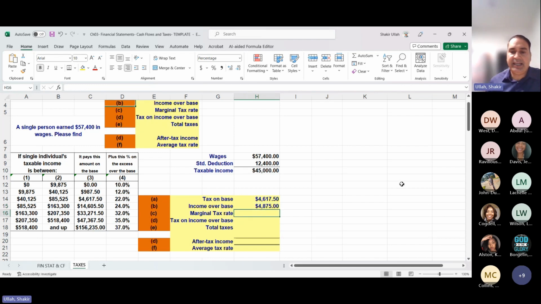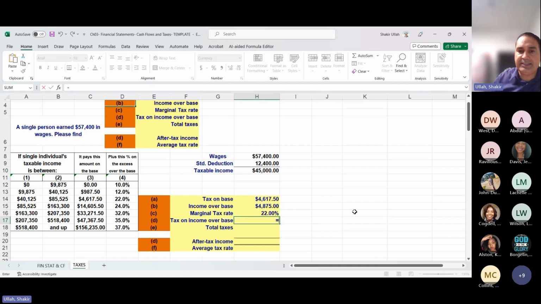So which marginal tax rate applies to this person? Because he is in this bracket, the 22% tax rate is applicable. And that is what we call the marginal tax rate for this person. And what is the tax on the income over the base? The income over the base, as we just calculated, is 4,875, and we are taxing it at 22%.